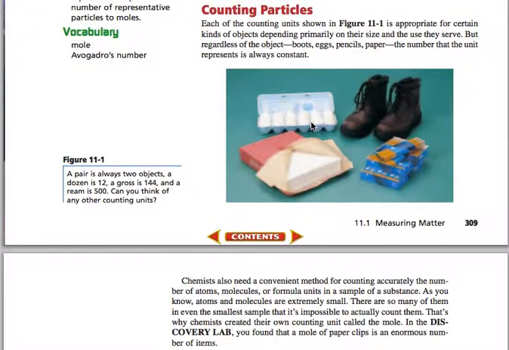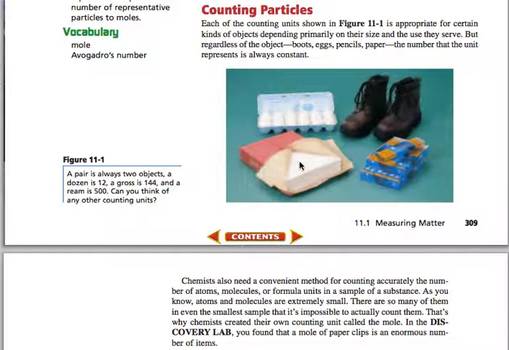Counting particles. Each of the counting units shown in figure 11.1 is appropriate for certain kinds of objects depending primarily on their size and the use they serve. But regardless of the objects, boots, eggs, pencils, paper, the number that the unit represents is always constant. Okay?